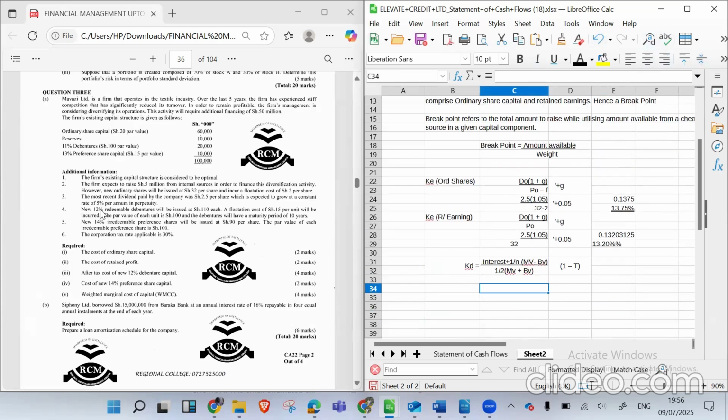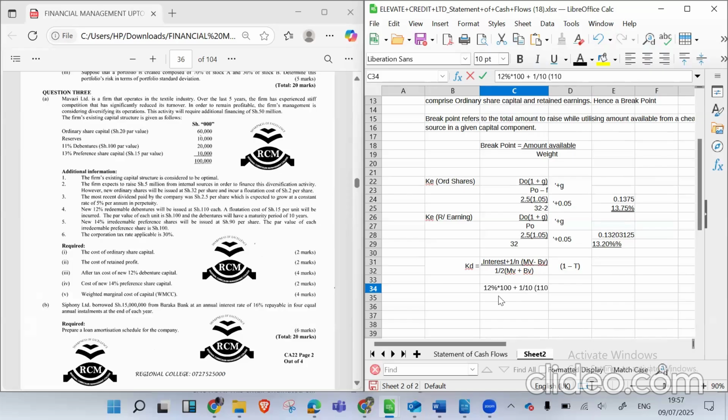So how much is our interest? 12%. The par value they told us is 100. So 12% of 100 plus 1 divided by the maturity period, which was 10 years, not 4. So 1 divided by 10 into, it has a market value of how much? The debentures will be issued at 110, but they have a flotation cost of 15.